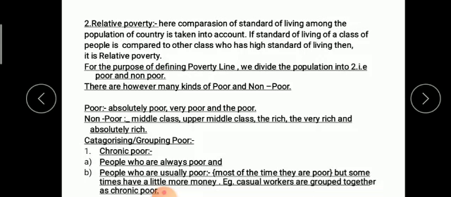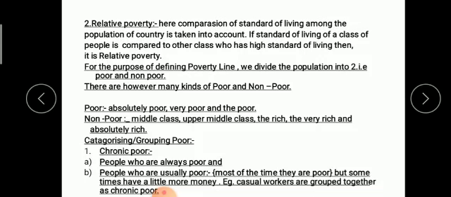Let me give an example to explain this. Say there is a person A who earns 20,000 income, and there is another person B who earns 10,000 income.